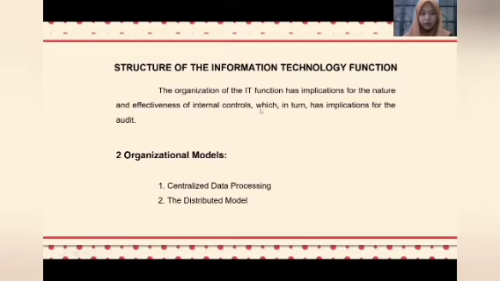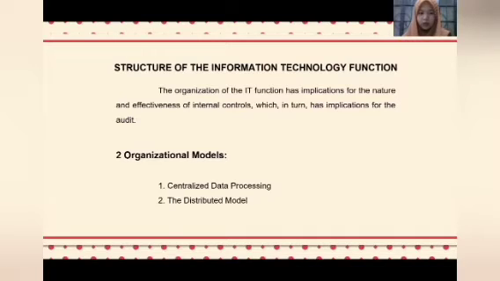So first IT governance issue is the organizational structure of the IT or information technology function. The organization of the IT function has implications for the nature and effectiveness of internal controls, which in turn has implications for the audit. So in this section, some important control issues related to IT structure are examined.